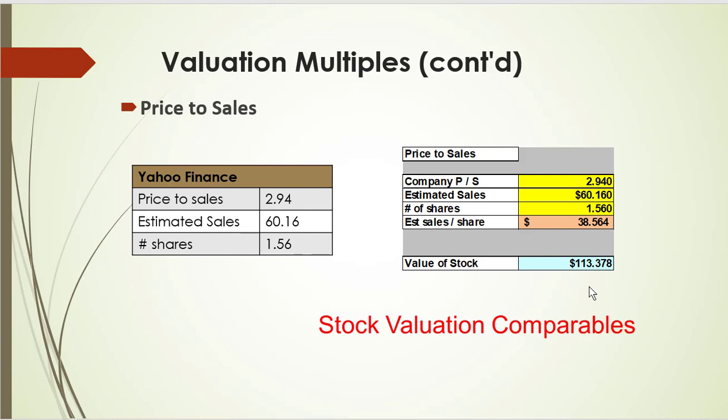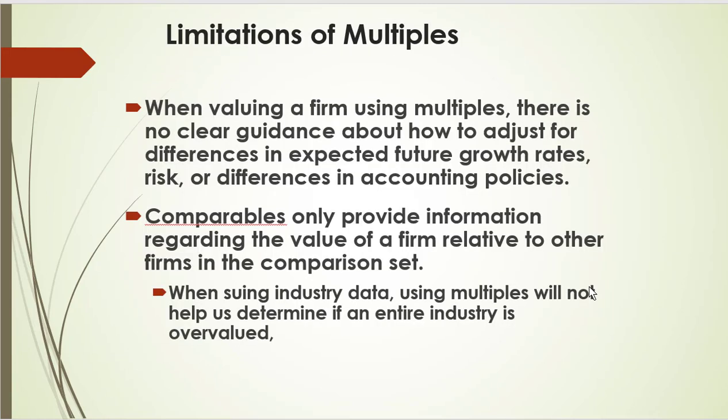Again, you can plug this data in for a company, and it very quickly gives you an estimate of what the value of the company should be. And by the way, this is the value one year from now, because it's based on estimates. All of this data is typically available in Yahoo Finance, so it gives you fairly ready access to information.